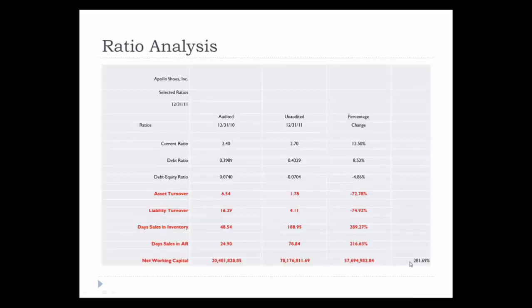Okay. So some of the ratios that you would perform, some of you did ratio analysis, some of you didn't, but you want to do some basic ratio analysis, and I'm not going to go into the definitions of these ratios because you should know these. The current ratio and debt to equity ratio seem not to have huge changes.